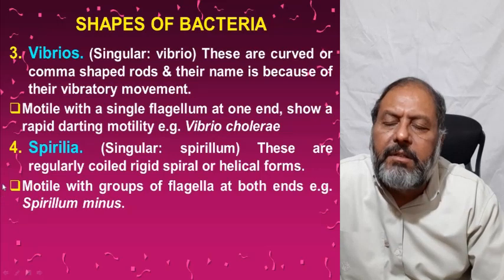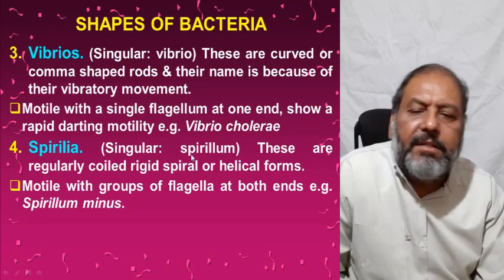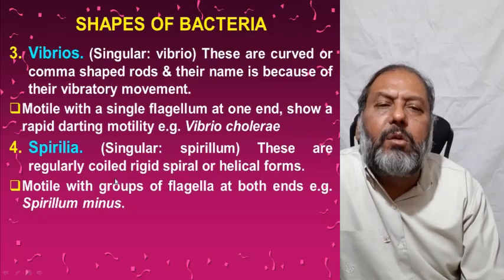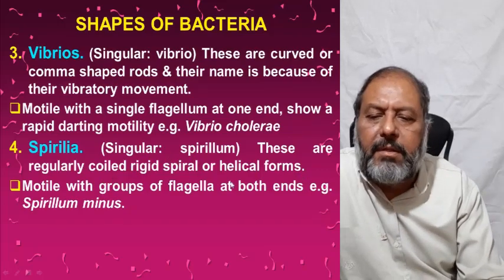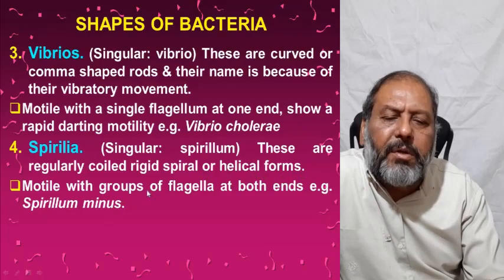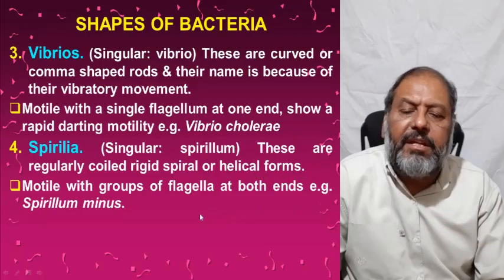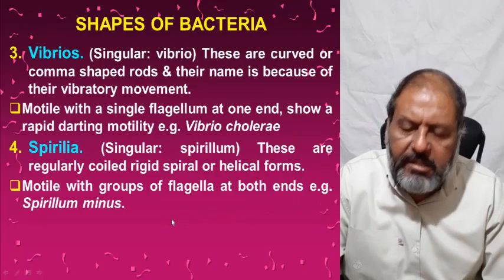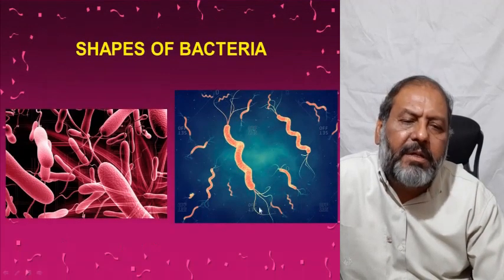The other shape is spirilla. The singular is spirillum. These are regularly coiled, rigid spiral or helical forms. These are motile with groups of flagella at both ends. So these are seen in the case of Spirillum minus. Here one can see the shape of the bacteria.